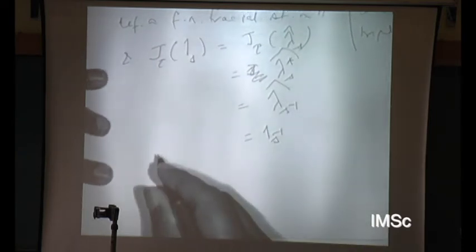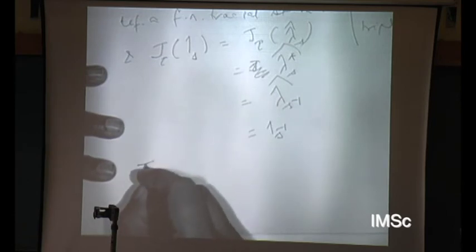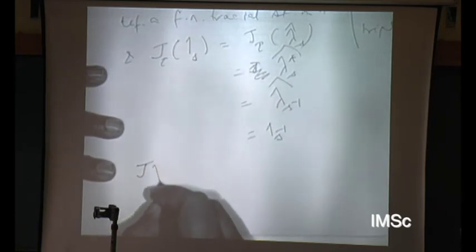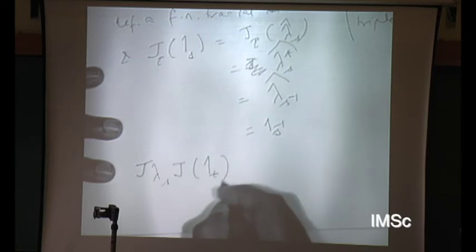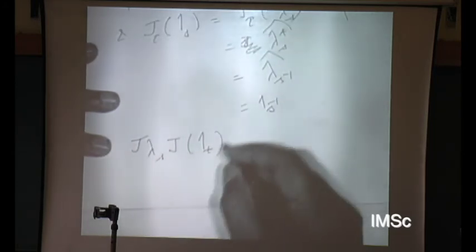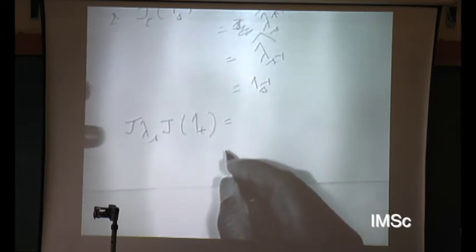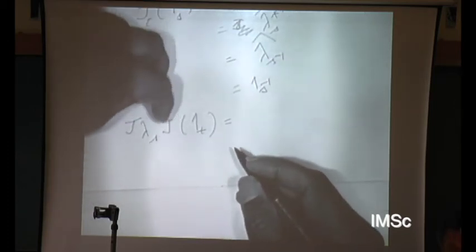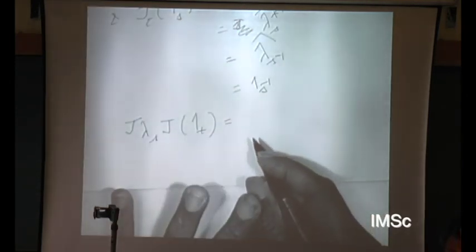And you can see that J lambda s J of 1t, we'll just do a computation and see. J will send that 1t to 1 t inverse. Then you will have 1 s t inverse.